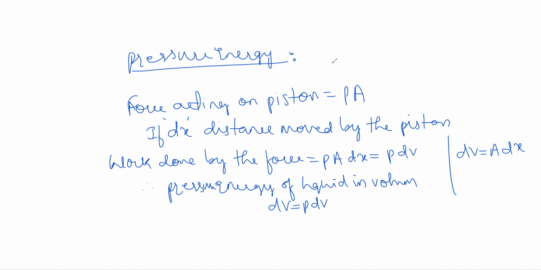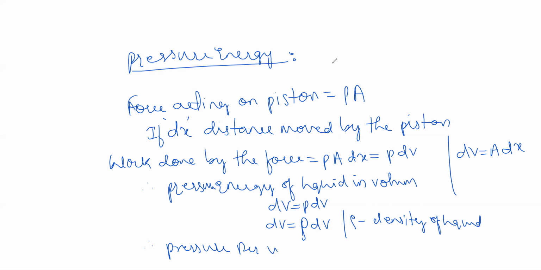The mass of the liquid having volume dV is equal to rho into dV, where rho is the density of the liquid. Therefore, pressure energy per unit mass of liquid is given by the formula P into dV divided by rho into dV. dV gets cancelled, and we have P divided by rho.